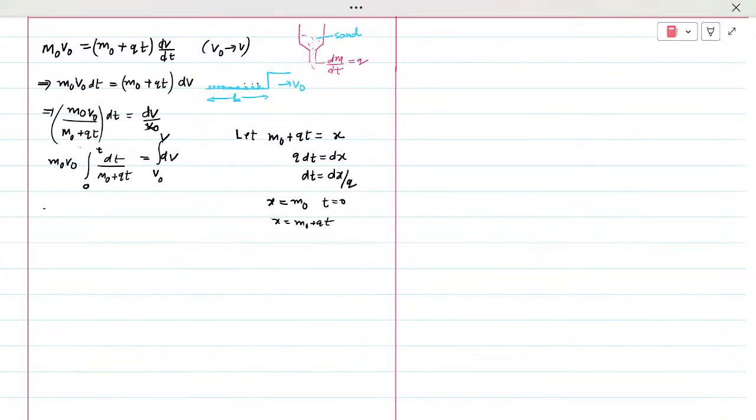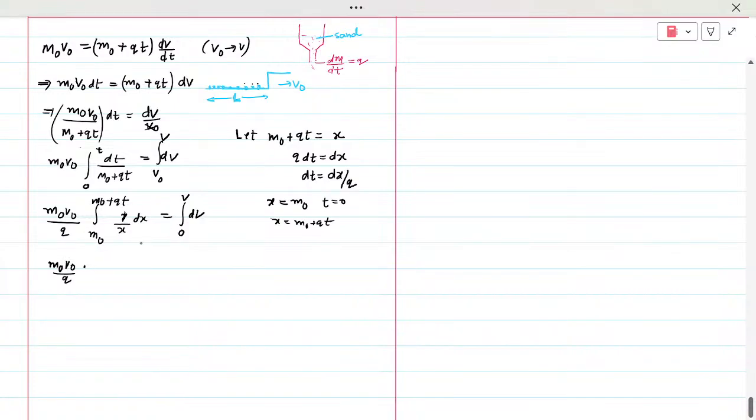So in the place of dt I can write dx by Q, therefore m0 v0 by Q times the integral from m0 to m0 plus Qt of 1 by x dx is equal to the integral of dv, initially 0 and finally v. Now the integral of 1 by x is ln x, which equals m v0 by Q.